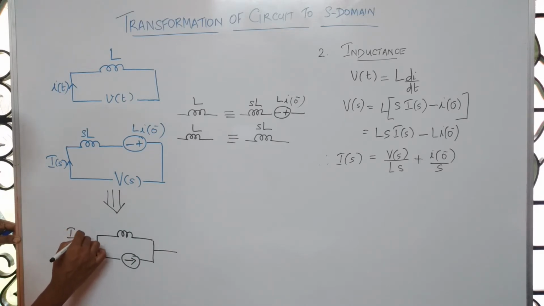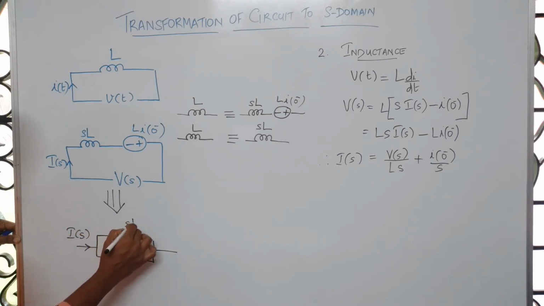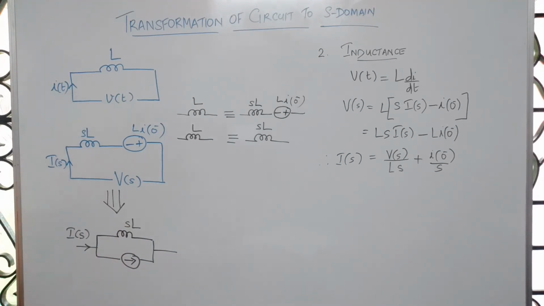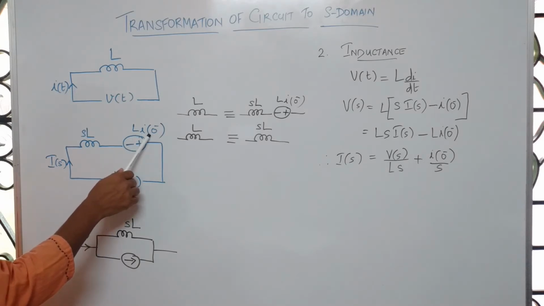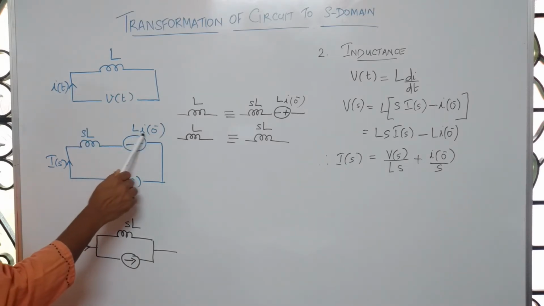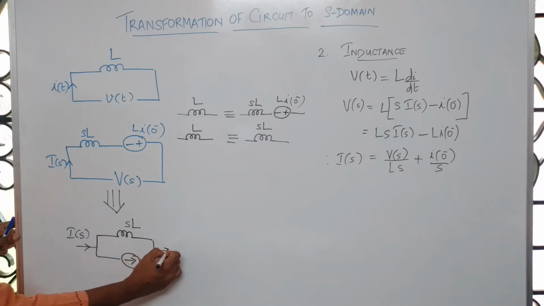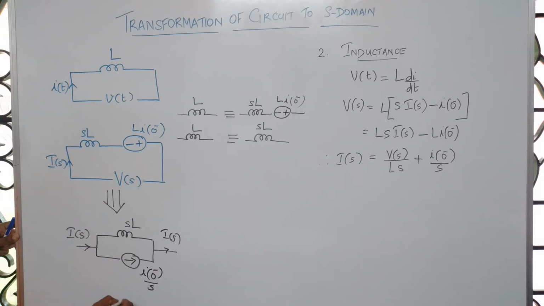This is I of s, this is SL, and what will be the value of I? I is V by impedance. Here V is L into I of 0 minus, and the impedance is SL. So L and L will cancel and we get I of 0 minus by s. We can represent it like this also, and the voltage across this can be written as V of s.